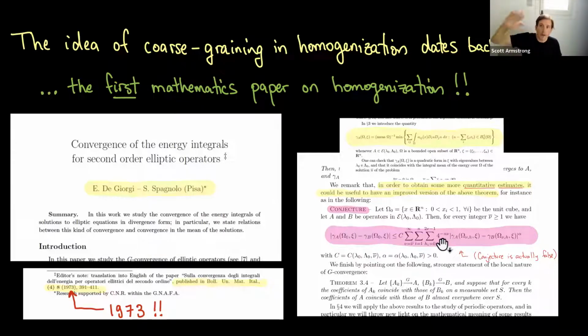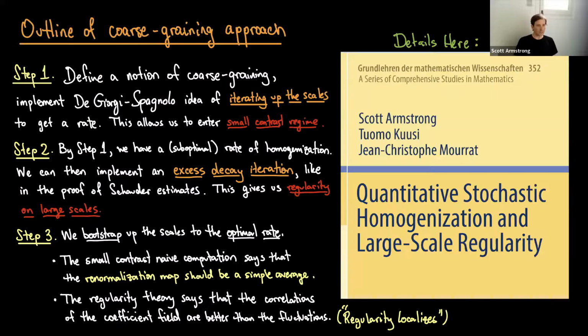So you really primarily depend on the large scales. And he says that if you could prove something like that, this would be really useful for quantitative estimates, he says in 1973. Okay, so I thought that's pretty good. I don't even think he knew to use the word homogenization for this problem yet.